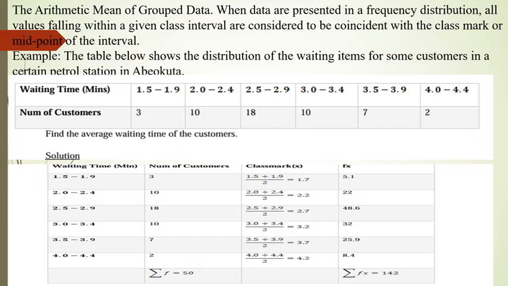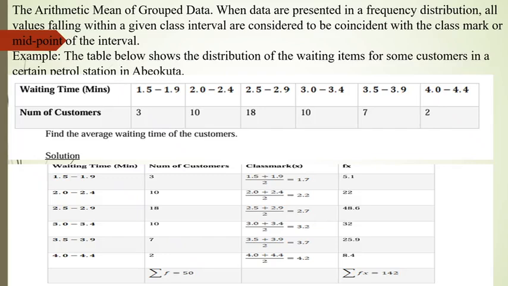So to get the class mark or the midpoint, we take 1.5, the waiting time, add it to 1.9 and divide by 2. That will give us our x, which is our midpoint or class mark.